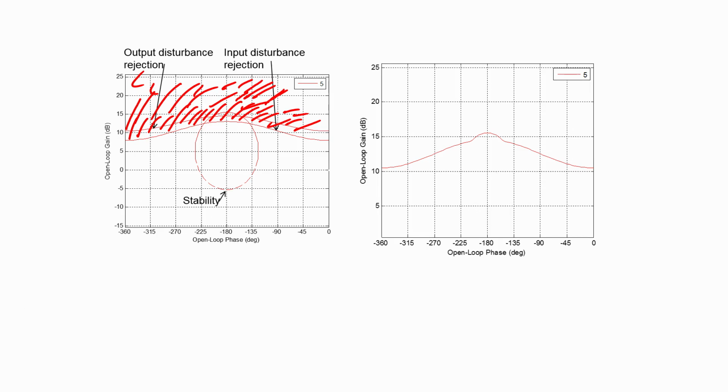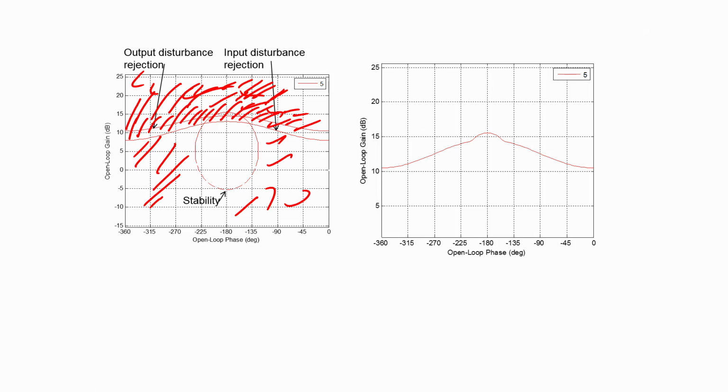In order for the stability specification to be met, the loop gain can lie in the area that is outside of this circle, which once again overlaps partially with the area where the loop gain can lie for it to satisfy the input and output disturbance rejection specifications.